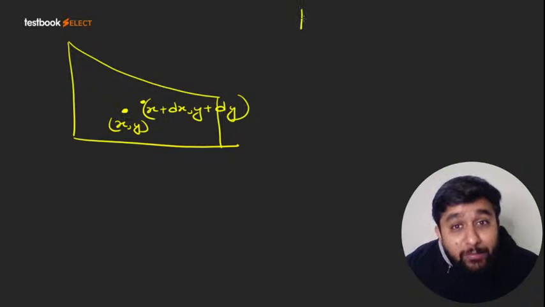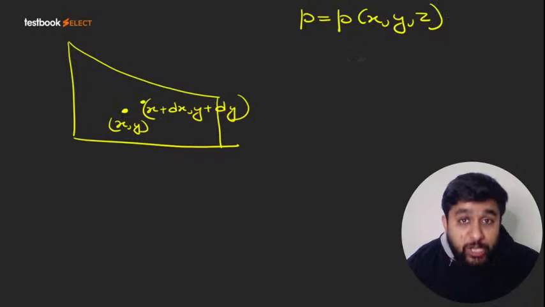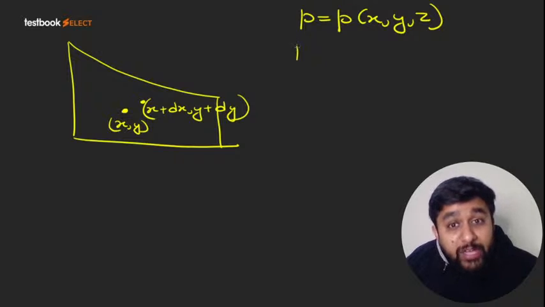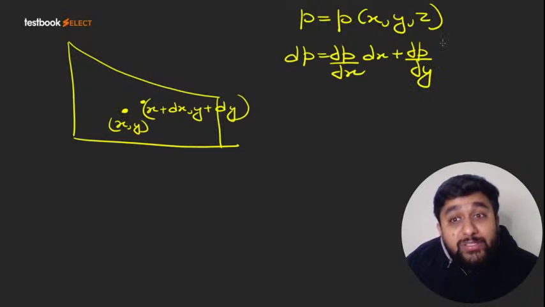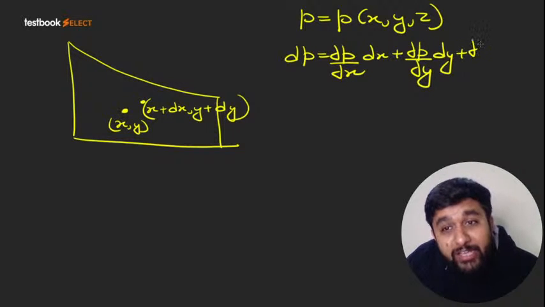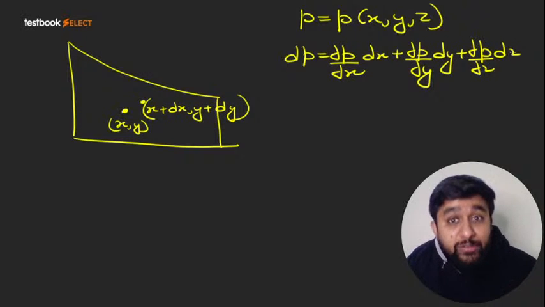So you guys always tell me, sir, in Eulerian approach, we write down pressure as a function of position. So we can say dp is equal to del p by del x dx plus del p by del y dy plus del p by del z dz. है ना? This is how you tell me. Now what is the physical meaning of this equation?